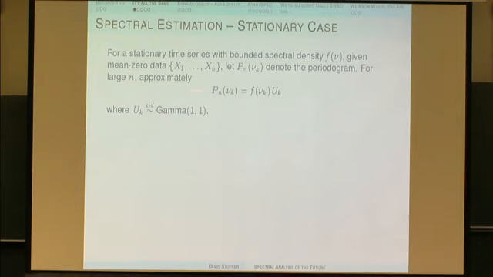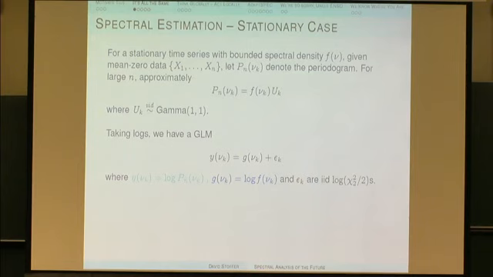You have some data, you have the periodogram, and you know that for large n, approximately the periodogram is the spectral density times these gamma or chi-squares, basically, or exponentials.